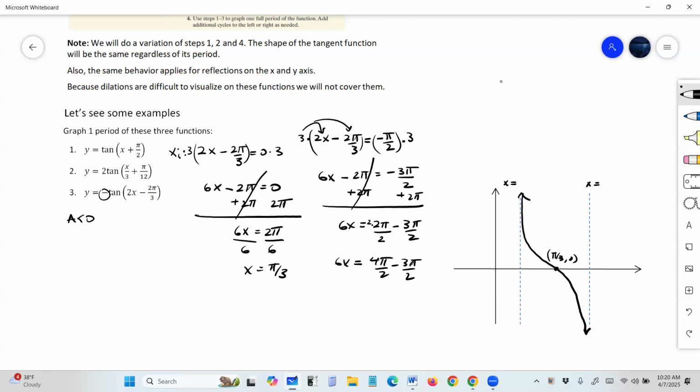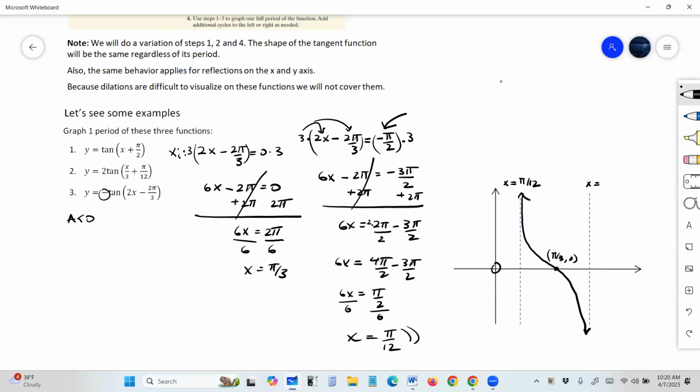Obviously, pi over 2. So 6x equals pi over 2. And now divide everything by 6, right? And we get pi over 12. So this is the one on the left, right? Here's your minus pi over 2. This asymptote is the one on the left.